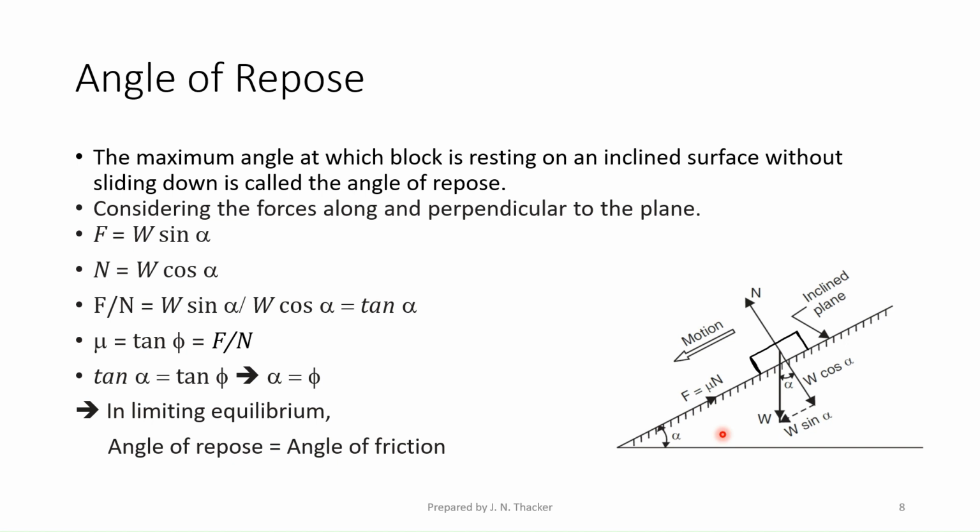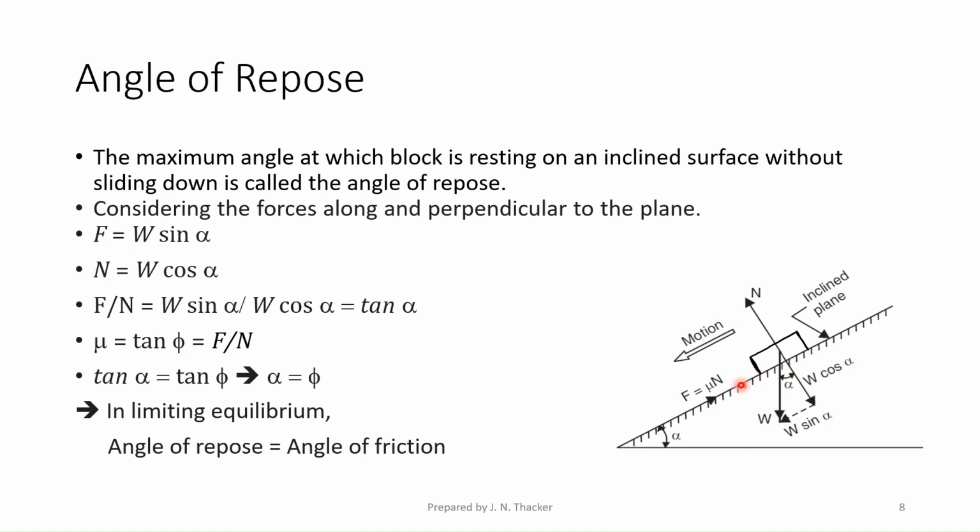So to understand that, let's consider all these forces. First force will be the weight of this block. Weight will always act vertically downward. Then there will be a reaction to this weight, which will be normal to the surface. It will not be vertically upward, directly opposing this W. It will always be normal to the surface, because it is the surface that is causing that reaction.